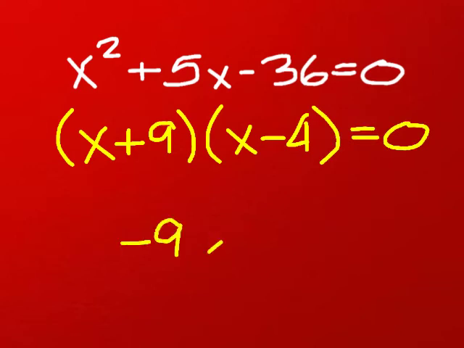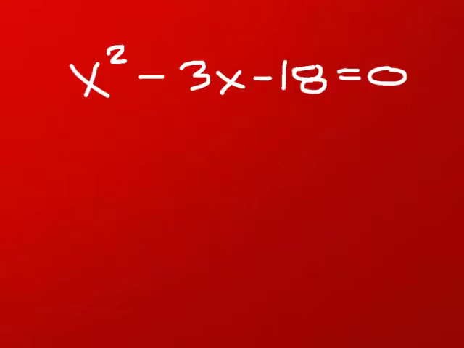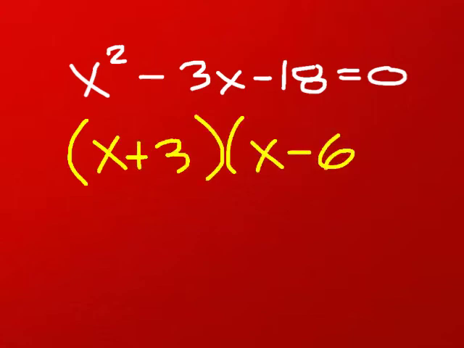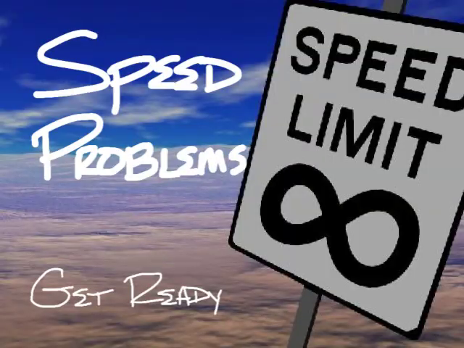That's where you're going to come up with -9 or +4. Your factors should be x plus 3, x minus 6, and then that's where you get a -3 or +6.